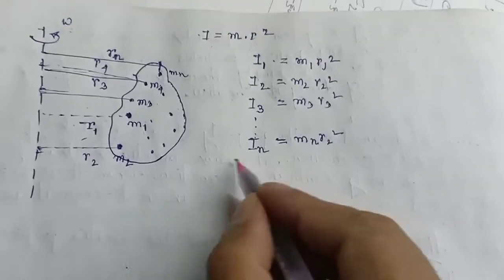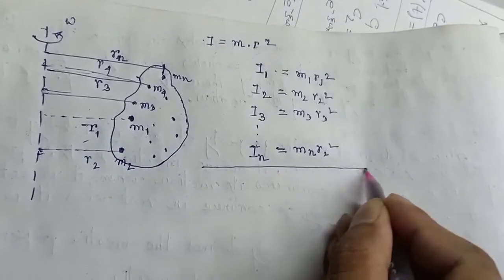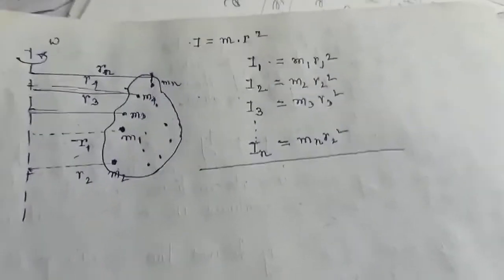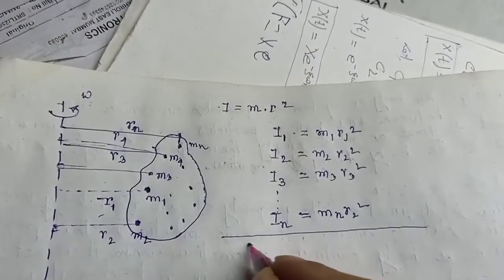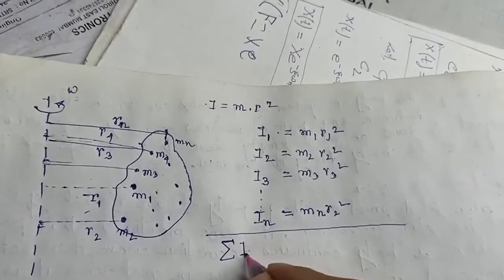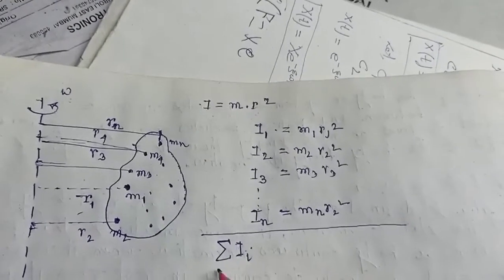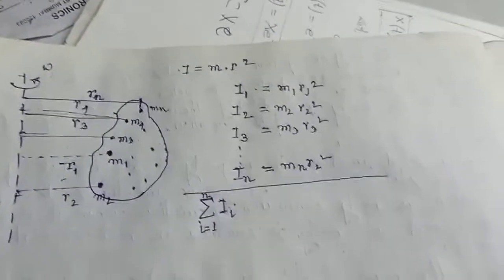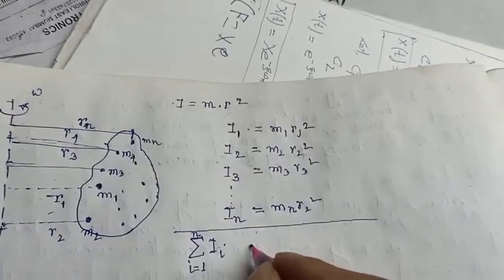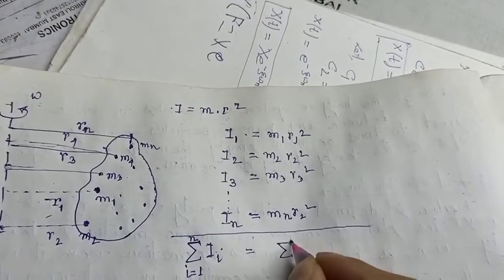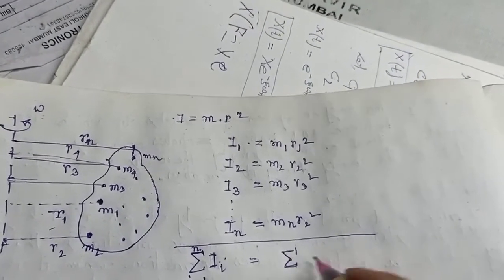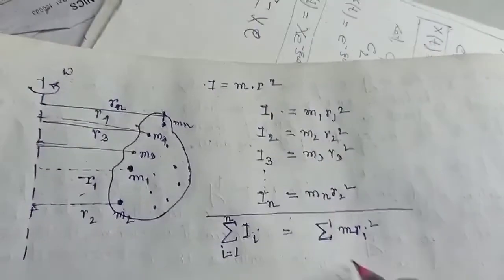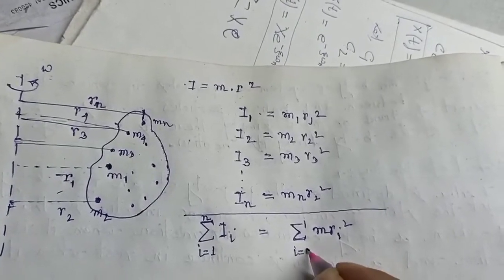Now if we add up or sum all these small moments of inertia of small particles, then this I, from 1 to n, as there are n particles, equals the summation of m ri square from i equal to 1 to n.